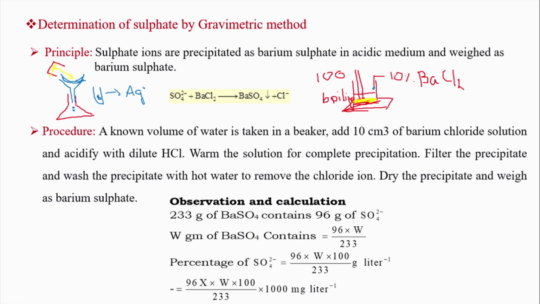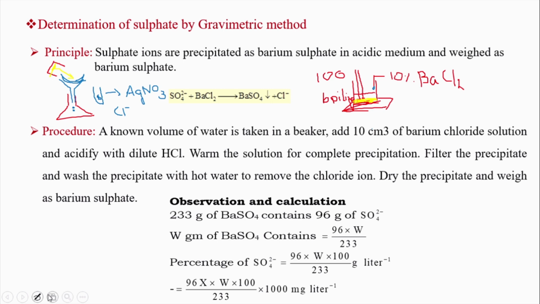If the filtrate has residual chloride ion, it will immediately give a white precipitate. That means still more washing should be given. The process is continued till the filtrate does not give a silver chloride precipitate when tested with AgNO3. At that stage, dry the precipitate completely.